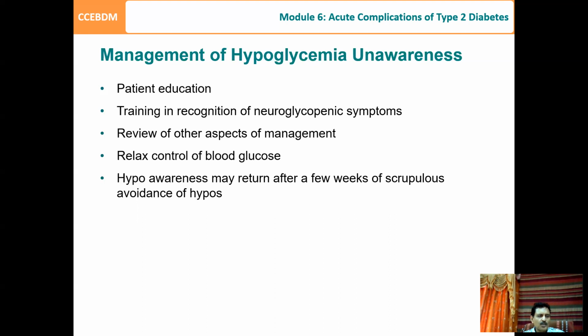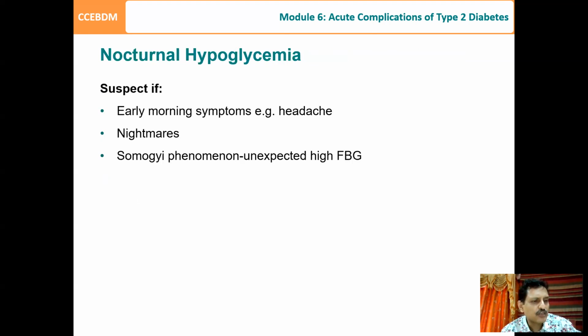If we avoid hypoglycemia for 2 to 4 weeks, there will be a gradual return of hypoglycemia awareness. So the patient can recognize it, the patient can again have adrenergic symptoms, and this is quite safe. Otherwise, if the patient does not have adrenergic symptoms, they will directly land up in a coma without going through the pre-monitoring symptoms.